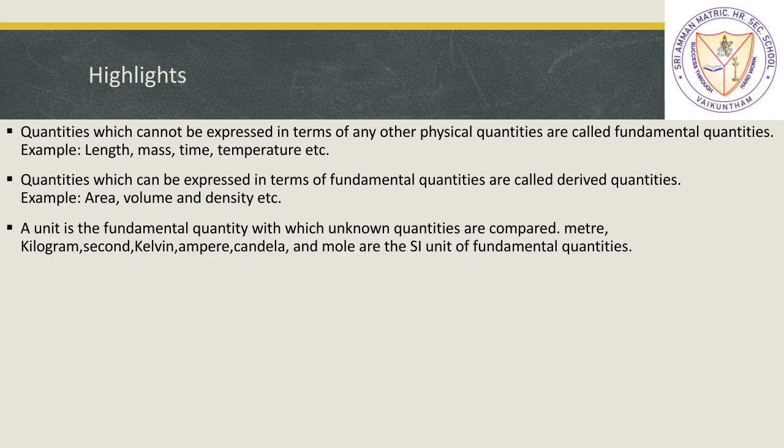We have seen this in the rules for writing the SI units. Whenever we use a scientist's name as the unit, we should start it with a small letter, and kilo is a prefix, that's why it will be in small letters.